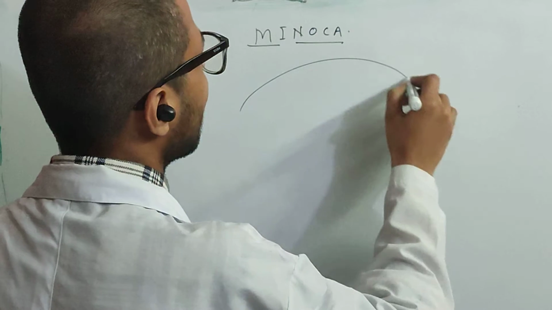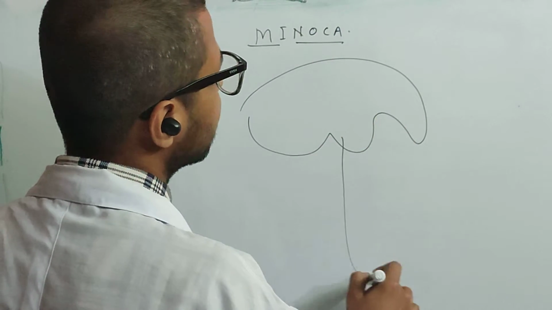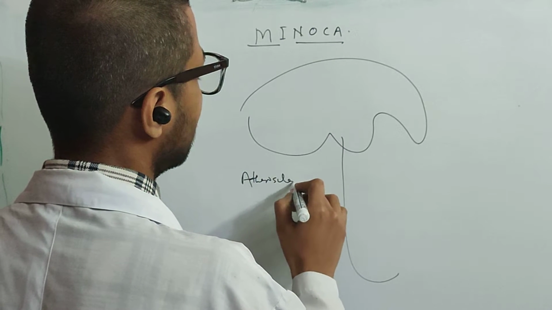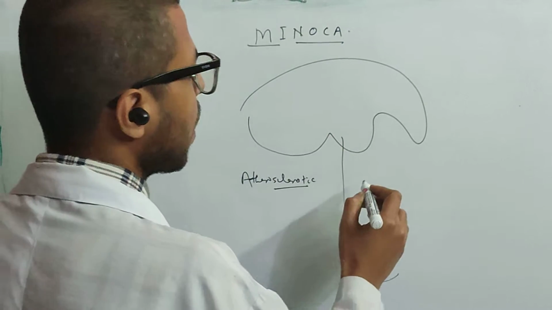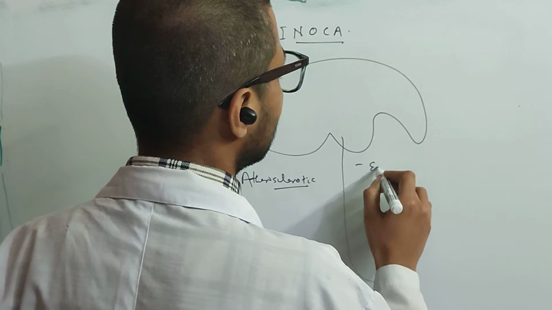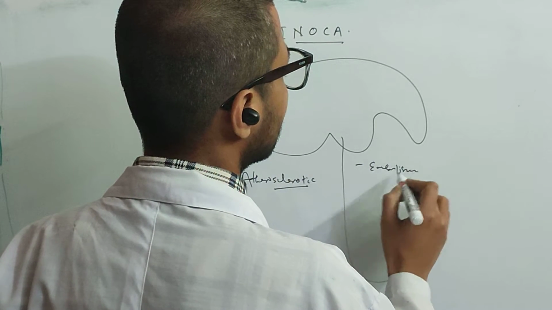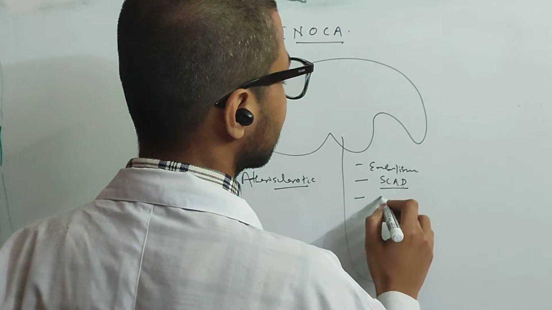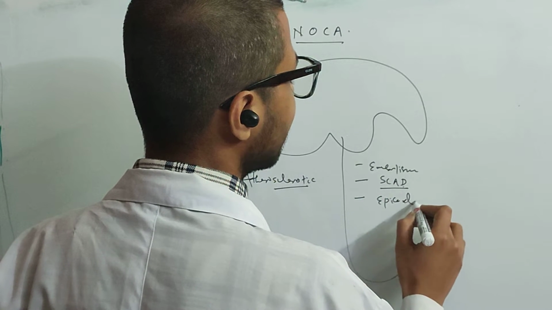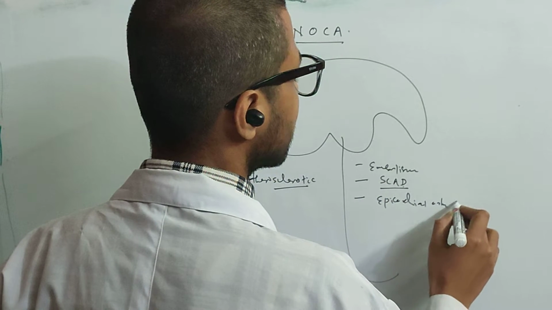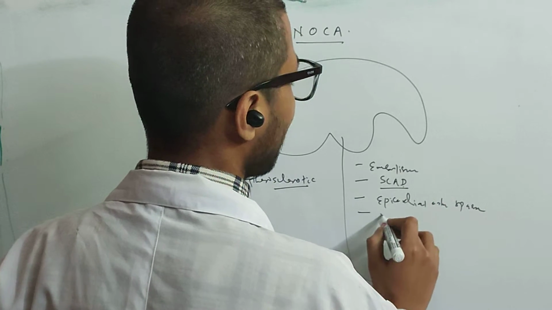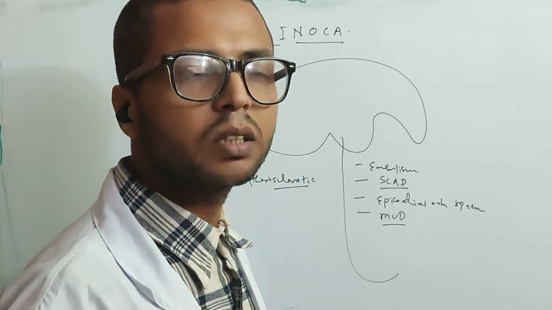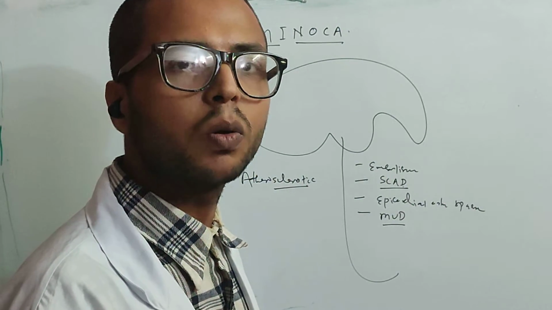Okay, so this is the umbrella terminology, and under this umbrella what falls? Another one is atherosclerotic process, other is embolism, dissection of the coronary artery, that is called spontaneous coronary artery dissection, epicardial coronary artery spasm, microvascular dysfunction of the coronary artery, that is also called cardiac syndrome X, or angina pectoris with normal coronary artery.